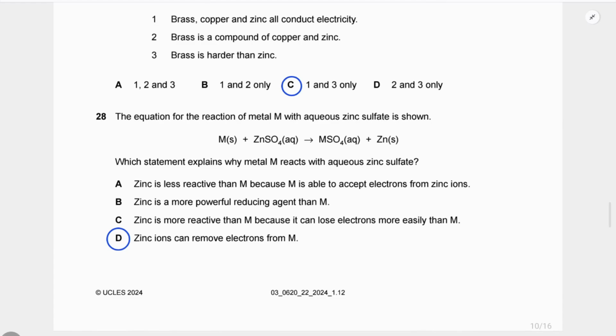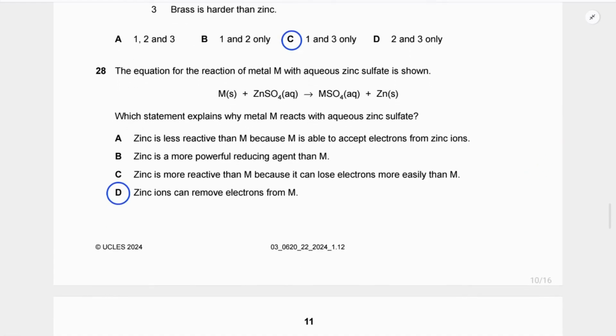Question 28. The equation for the reaction of metal M with aqueous zinc sulfate is shown. Which statement explains why the metal reacts with aqueous zinc sulfate? First thing we should know is whether the metal is getting oxidized or reduced. Over here M was 0 as a valence charge, and over here it comes to 2 minus.